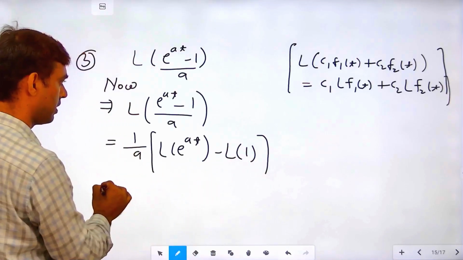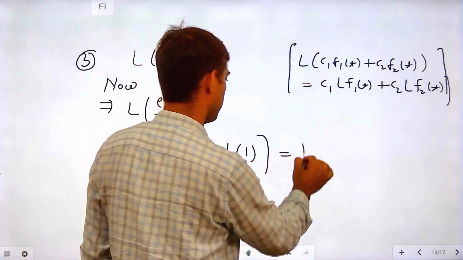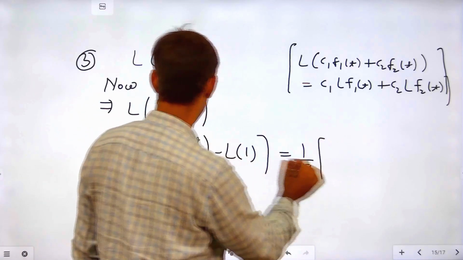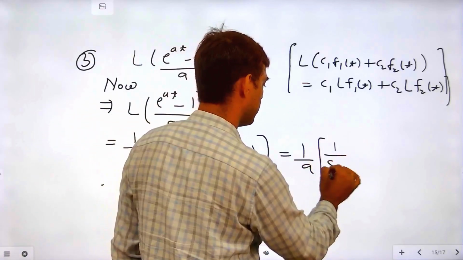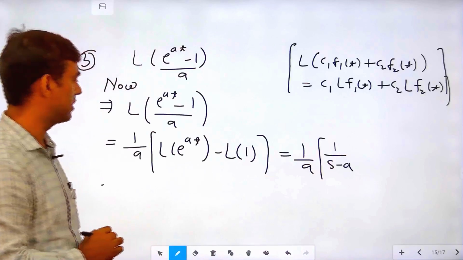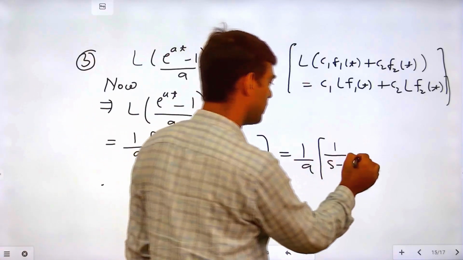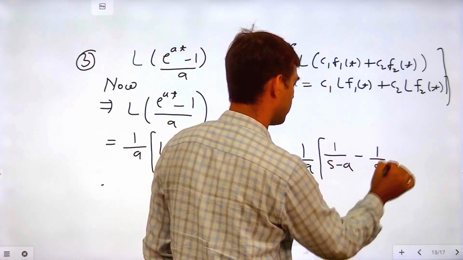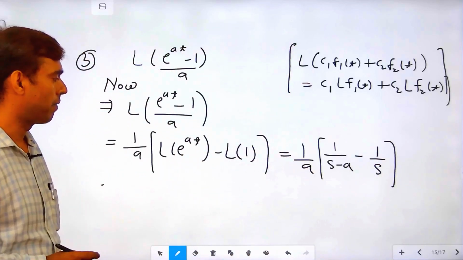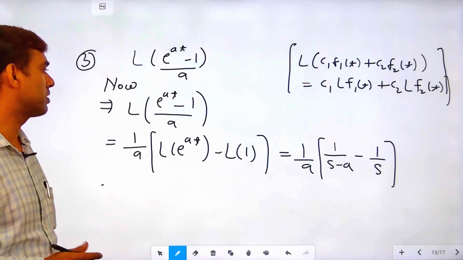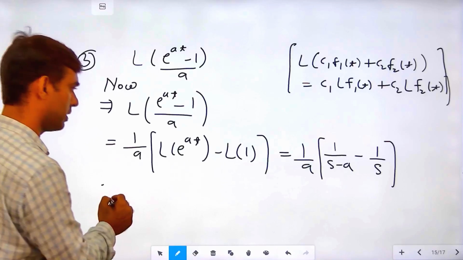After simplification, 1 upon a times the Laplace transform of e to power at is 1 upon s minus a, and the Laplace transform of 1 is minus 1 upon s, because by the result of elementary transforms, the Laplace transform of 1 is 1 upon s.